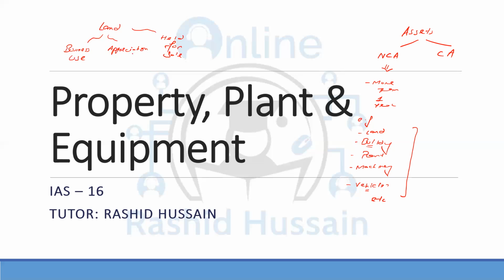When you talk about the land which is purchased for the appreciation purpose, that means it is going to be classified in a separate standard. When you talk about the land which is held for sale, then it is going to be classified in a separate standard. So when you talk about the financial reporting exam, you need to understand the scope of every standard so that you can classify the correct assets in it.